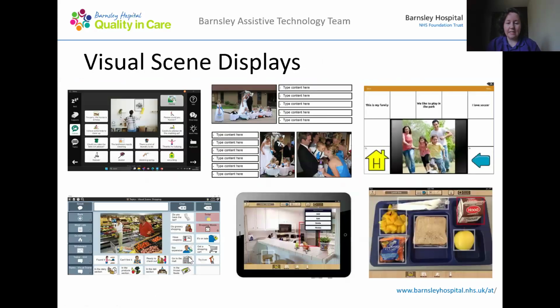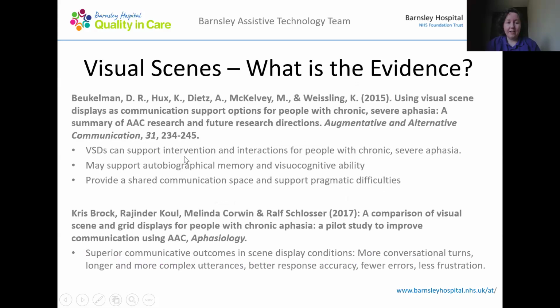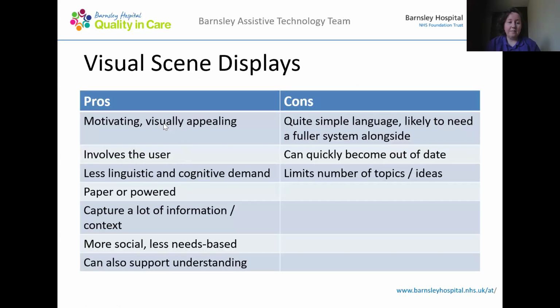And then visual scene displays. I've already mentioned that, but this is just a little bit for your own information about research that visual scenes can support people with aphasia. There's less linguistic and cognitive demand, for example, but they can be a little bit simpler.